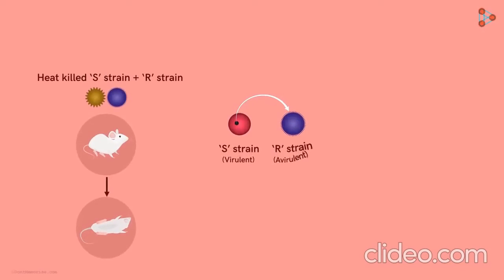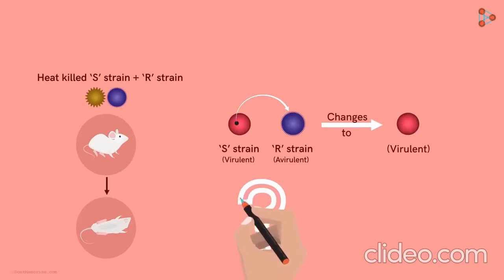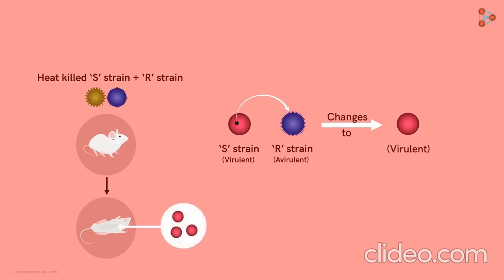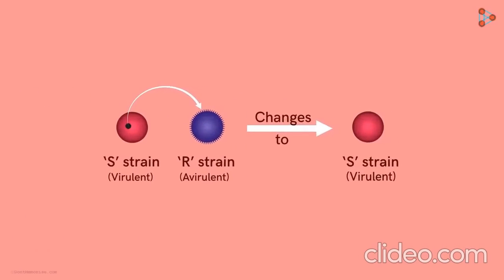With this, he concluded that there is something from the S strain that was passed on to the R strain, resulting in it turning virulent. Also, do you know what he recovered from the body of the mouse? He recovered live S strain. This way, they confirmed that the R strain was transformed into the virulent S strain.